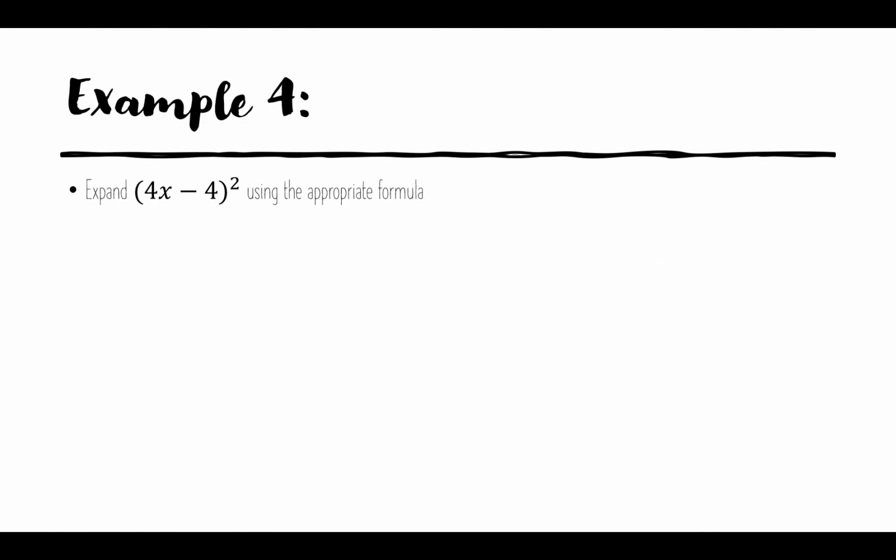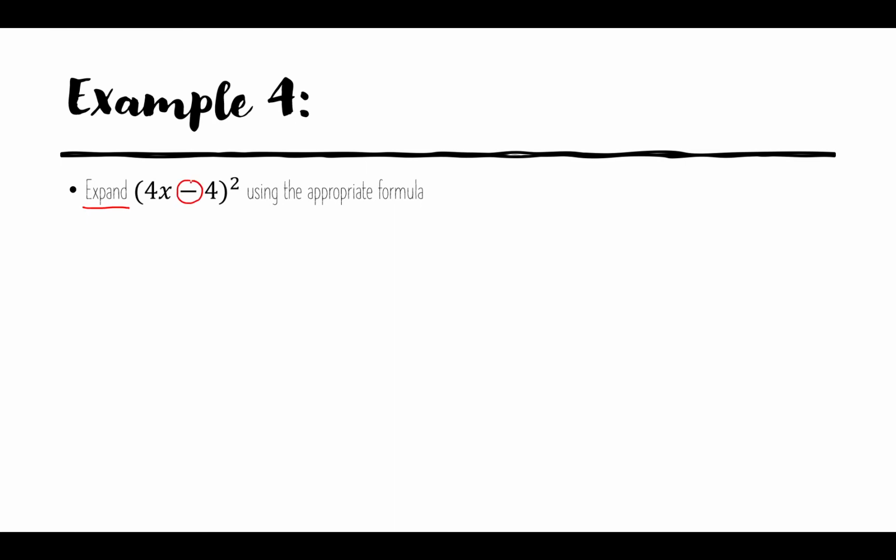So let's work on examples regarding the square of difference and square of sum formulas. As always, try these problems on your own, and assuming you've given them your best effort, let's dive into this problem. So, we have been given 4x minus 4 squared, and we are being asked to expand it using the appropriate formula.